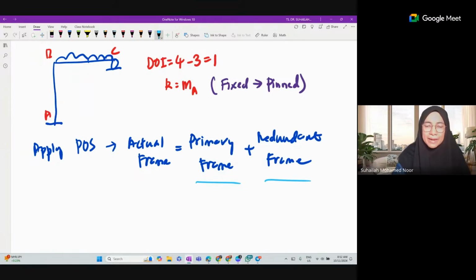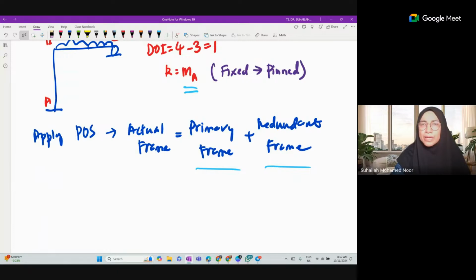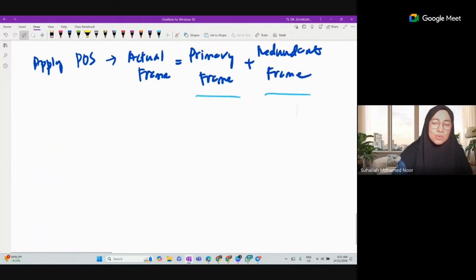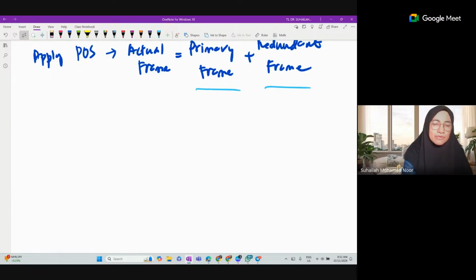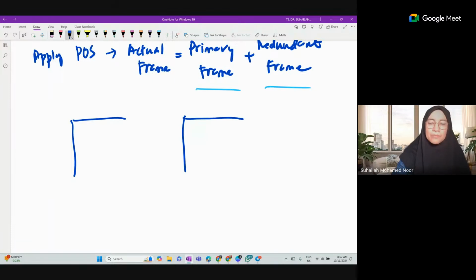Remember, the moment at A is the redundant, so when we remove the moment, fixed becomes pin. Two frames now, one primary and one redundant. Fixed becomes pin and the roller remains, because this is a stable and determinate frame.